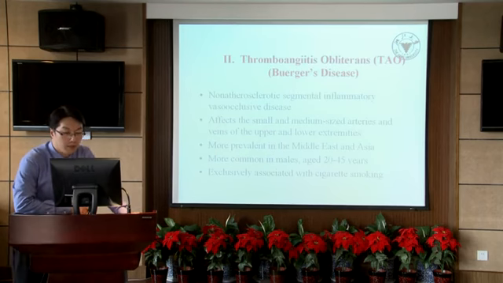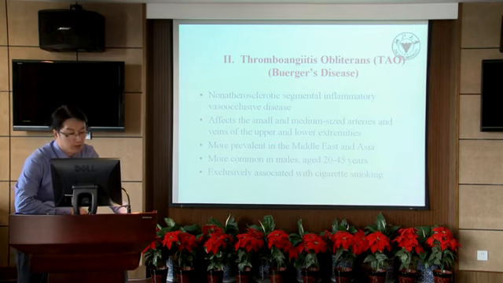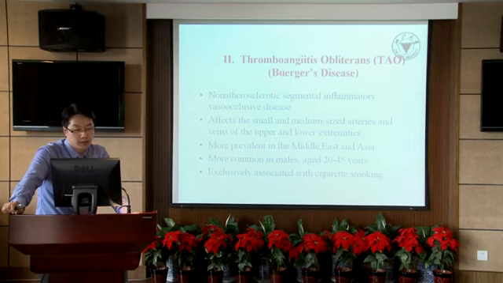Secondly, thromboangiitis obliterans, TAO, or Buerger disease. It is a non-atherosclerotic segmental inflammatory vaso-occlusive disease. The TAO affects the small and medium-sized arteries and veins of the upper and lower extremities, and it is more prevalent in the Middle East and Asia.